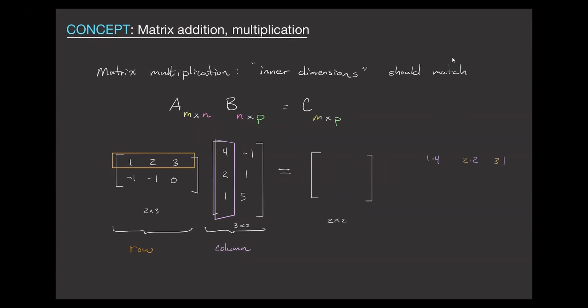We multiply matching entries, and then we add them up. If we do that, we get 4 plus 3, which is going to be 11. So this entry is 11 here.